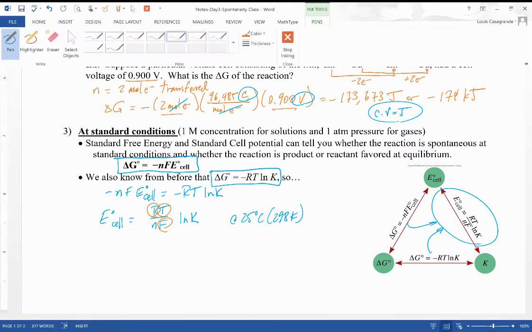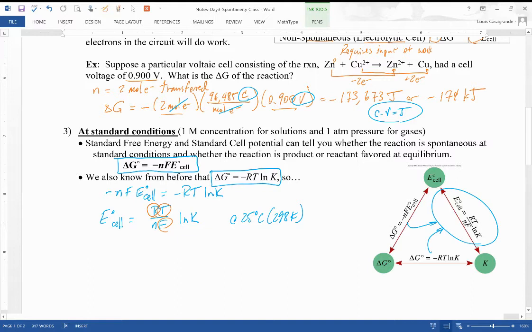And so what we're going to do is rewrite this using those constants.